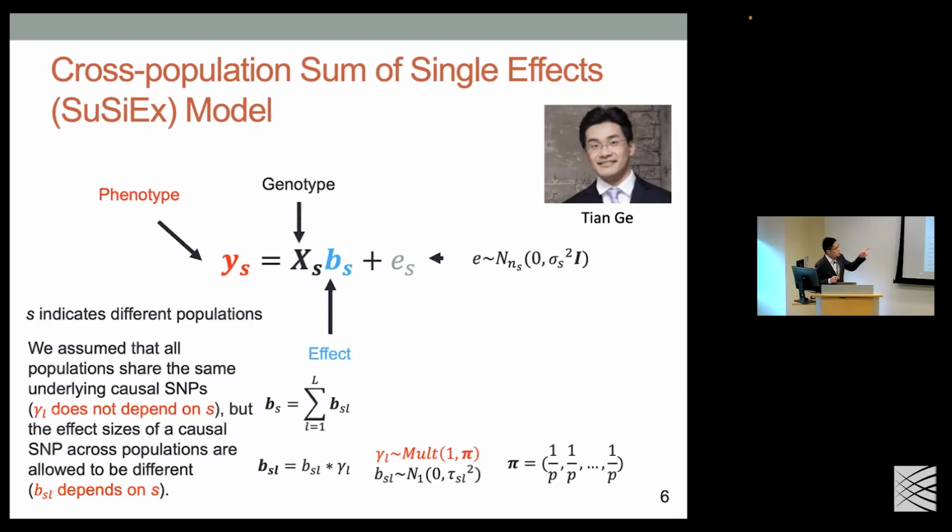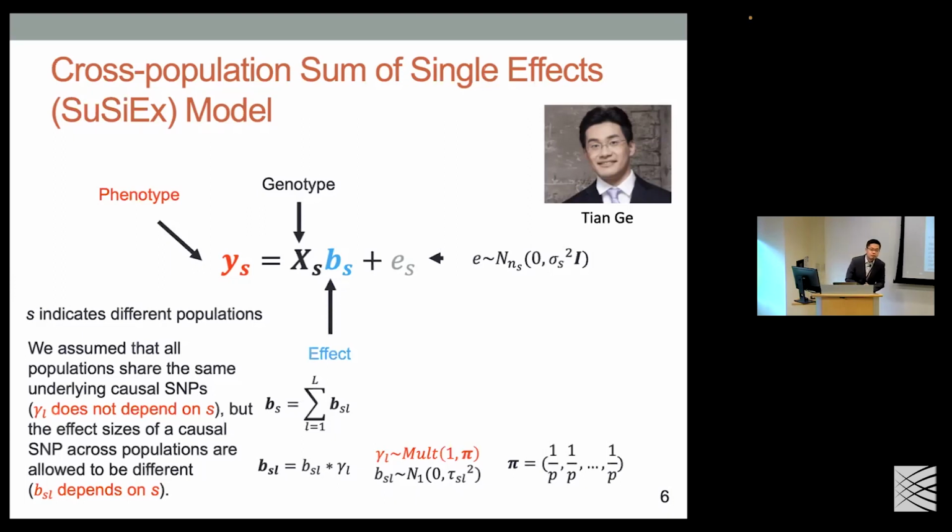So here we introduce S to indicate the different populations, and we assume all the causal variants across different populations are shared, which means the gamma L, which stands for different signals, doesn't depend on S, so the causal variants should be shared across different populations. But here we allow the effect size.